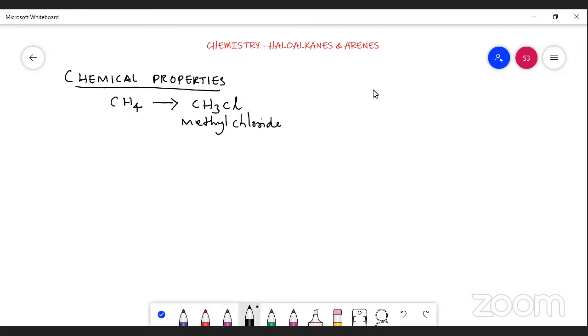By taking an example, if I take methane, replacing one hydrogen by one chlorine, or you can take ethane, propane, subsequent hydrocarbons, and replace one hydrogen by any halide group, you will get a haloalkane. Generally, I can write haloalkanes as R-X, where R can be any type of alkyl group and X can be any type of halogen.